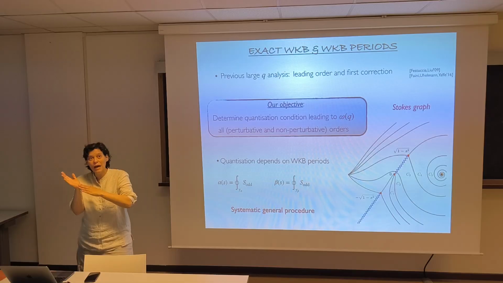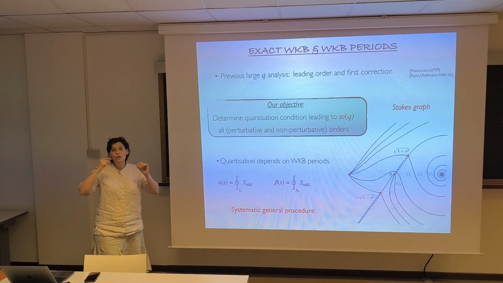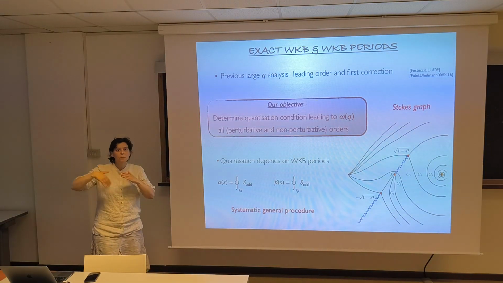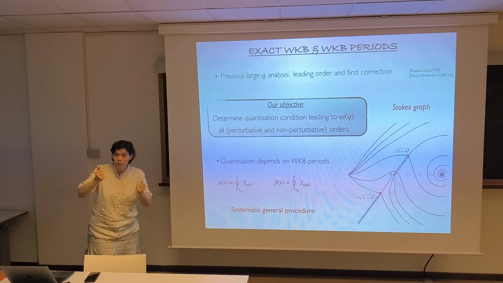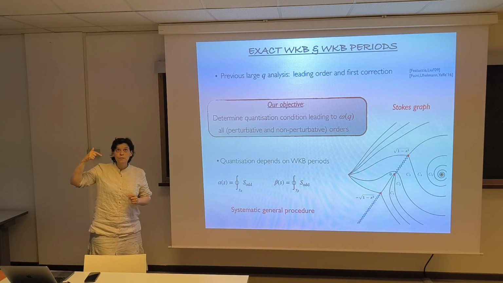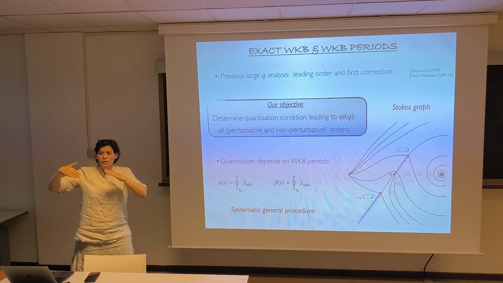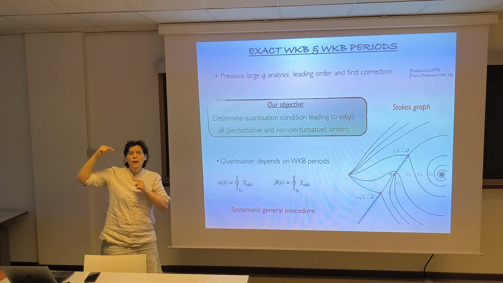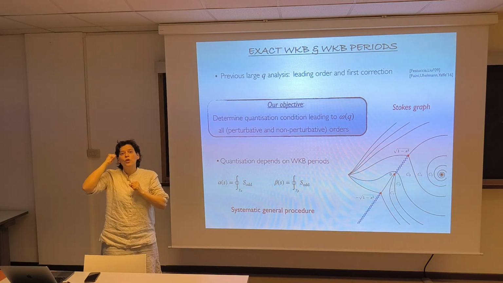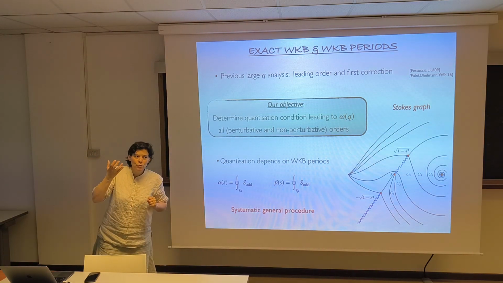In principle, you go to complex Q, there's some Stokes line that you cross in Q, and because these are Stokes lines in N, you cross in Q and then you turn on non-perturbative phenomena. What are branch points typically?